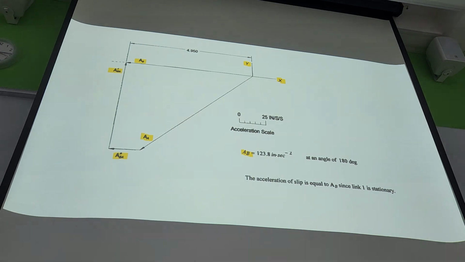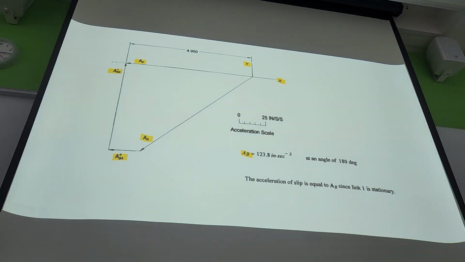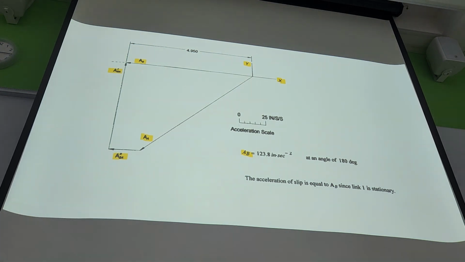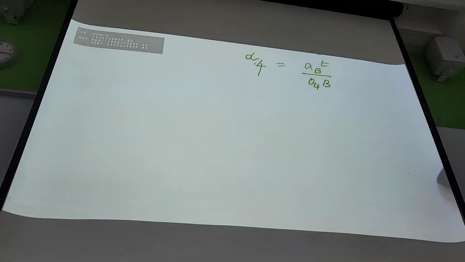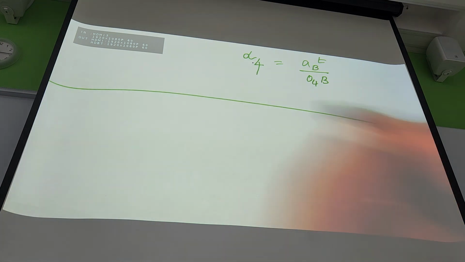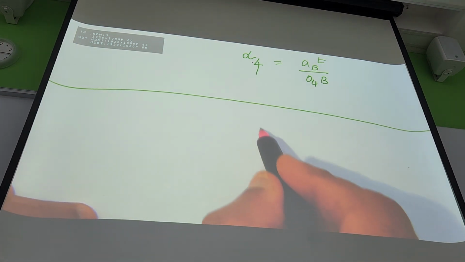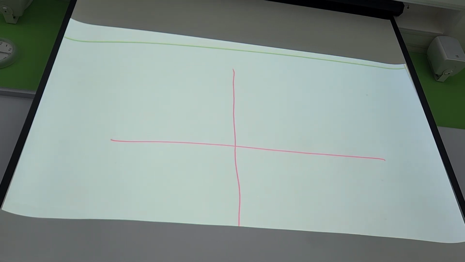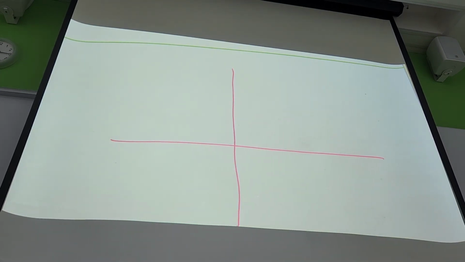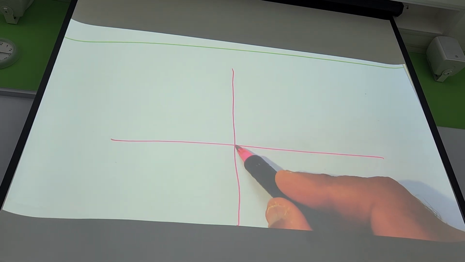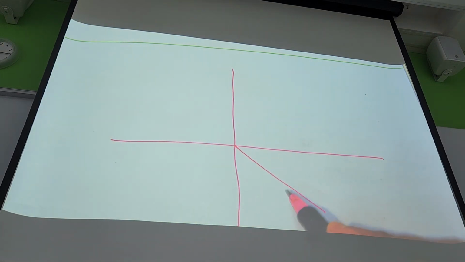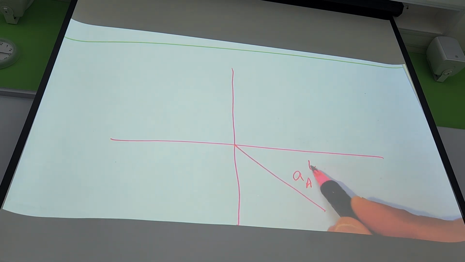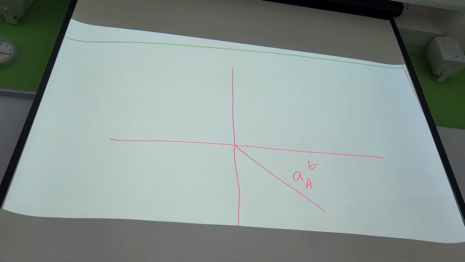Is that clear? Always, you choose a coordinate axis, velocity following, right? Let us say for point A, both normal and tangential. This is acceleration of A tangential. The normal will be perpendicular to this.